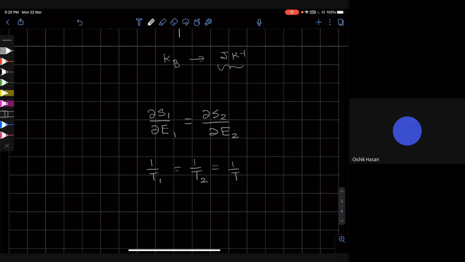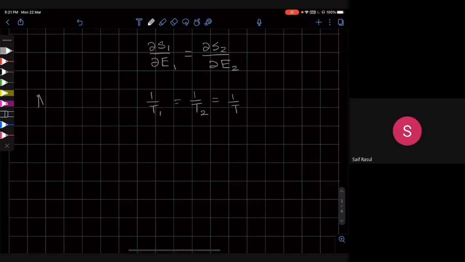Now let's look at two systems which are slightly out of equilibrium. We take two such systems and bring them together.